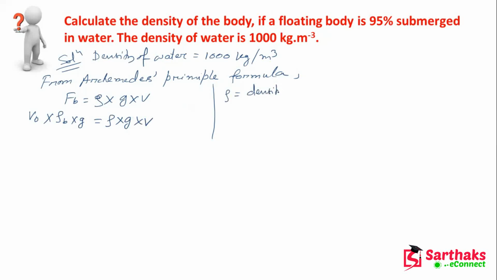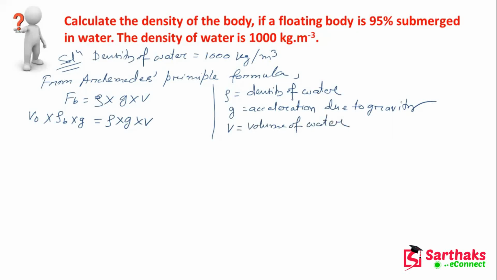Rho is the density of water, G is the acceleration due to gravity, and V is the volume of water, and VB that equals to volume of body immersed, and rho B that is the density of body immersed.